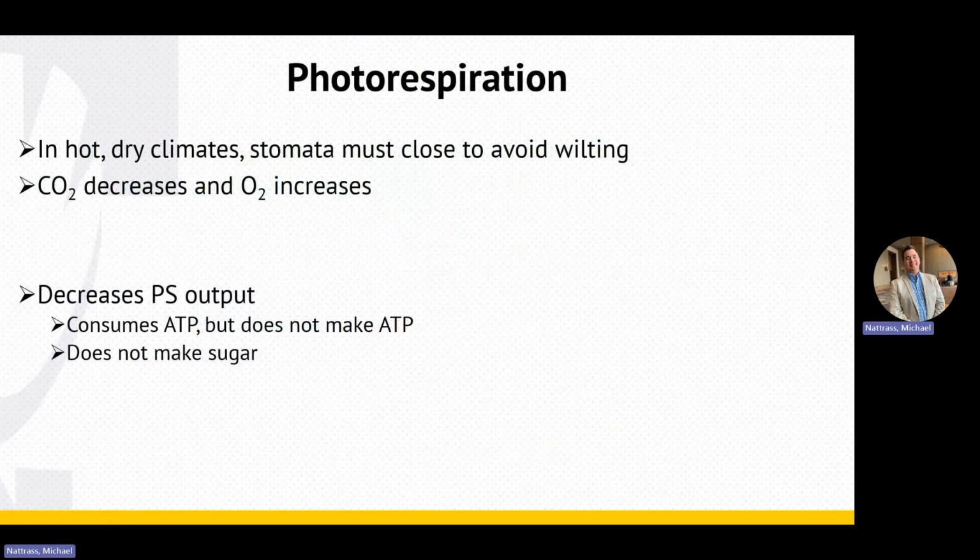And in C3 plants, that oxygen can be fixed to RuBP. Remember that we have 1 carbon plus a 5 carbon molecule to make 6 carbons. If we don't attach a carbon to that, we only make a 5 carbon molecule, and that's not efficient. So we're not going to make this sugar. We'll look at this in just a moment. RuBP fixes oxygen instead of carbon dioxide, which means we're not going to make as much sugar.